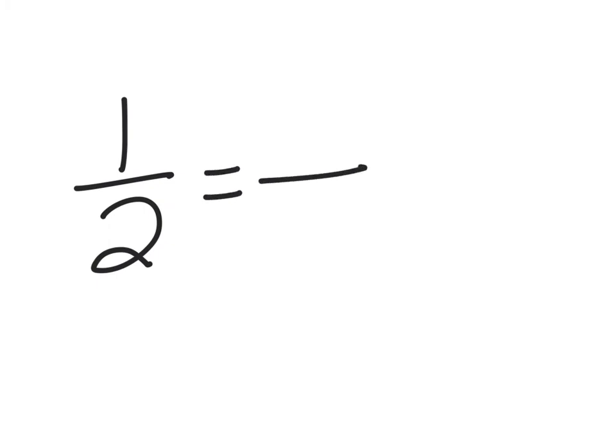We can do that in another example. Let's say I have the fraction 1/2 again, but this time I want to change my denominator to 12. Let's do another small one here. We have to think, what did I multiply 2 by to get to 12?